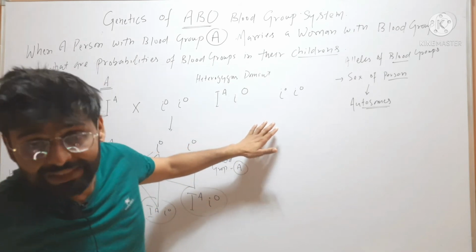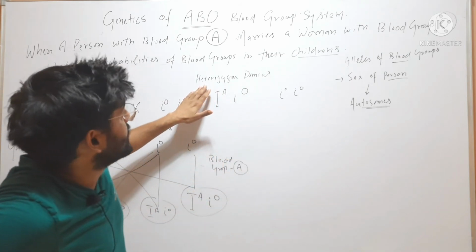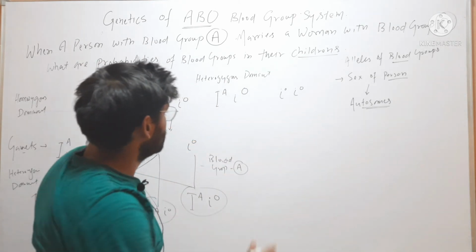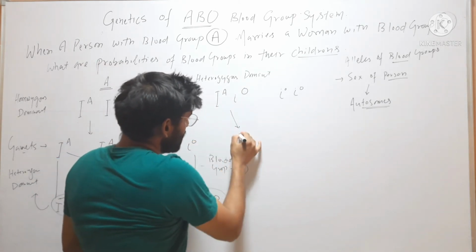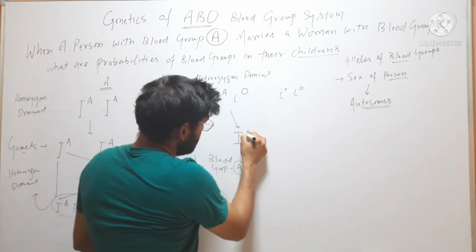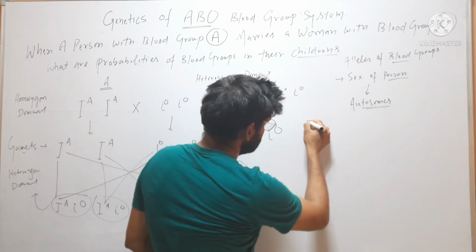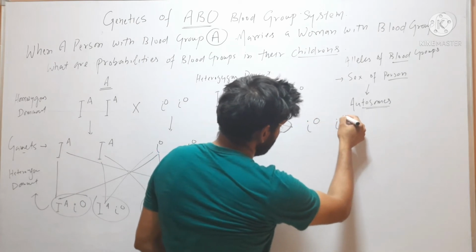Now coming to the case of heterozygous dominant A and homozygous recessive O. Here two types of gametes will be formed, IA and small i naught, and here small i naught and small i naught.